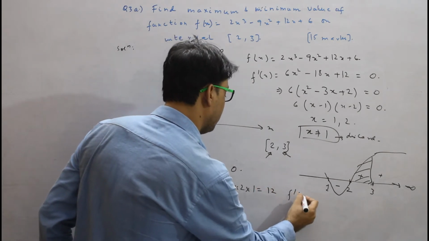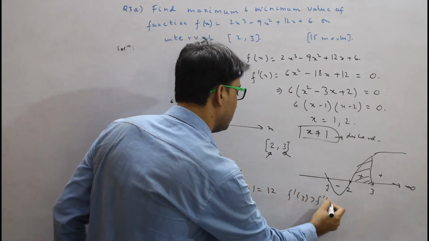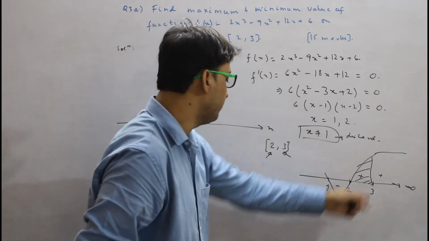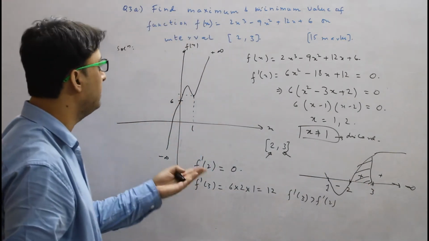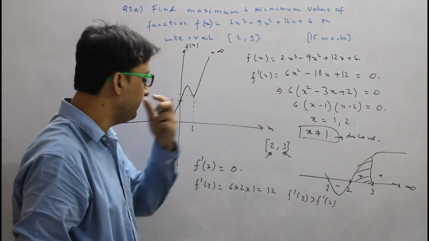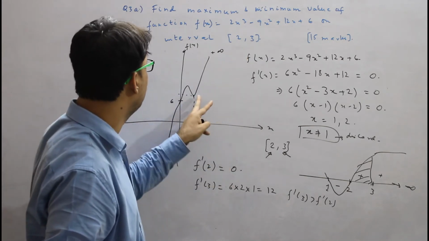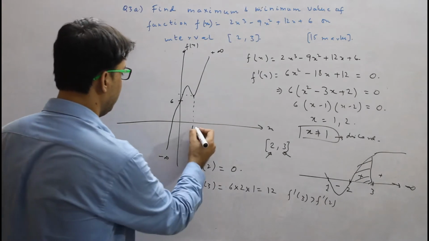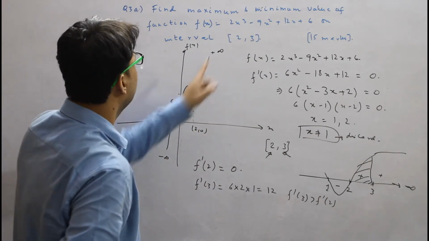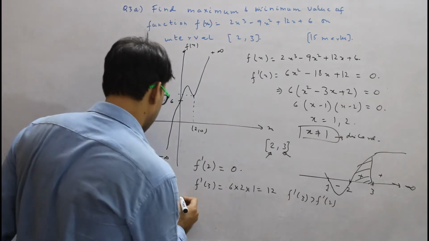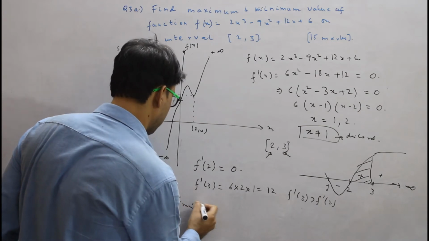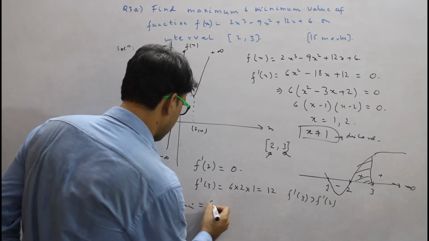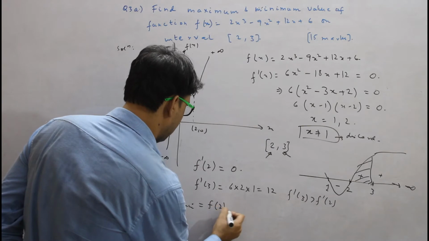So f dash of 3 is greater than f dash of 2. Quite apparent from the graph as well. So we can say that the minimum value will be at 2 and the maximum value will be at 3. So f minimum is equal to f at 2.